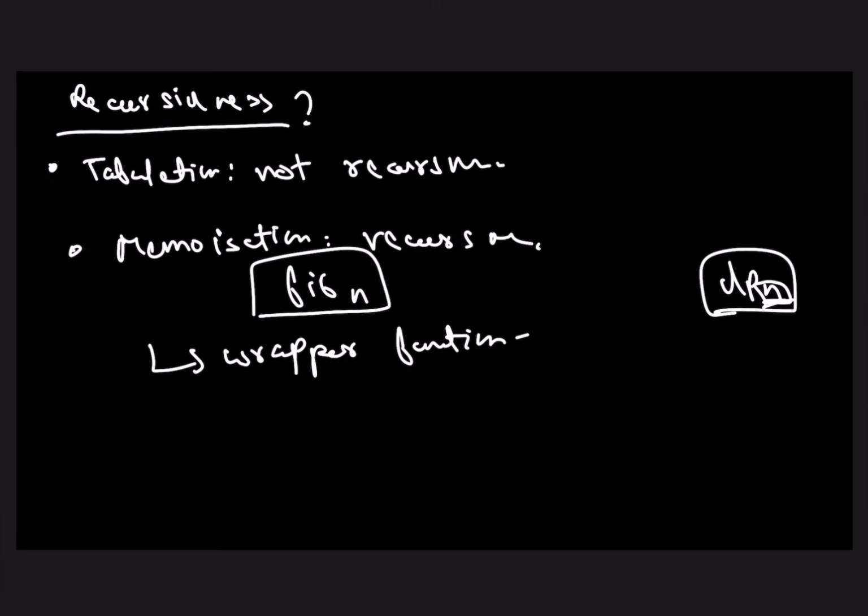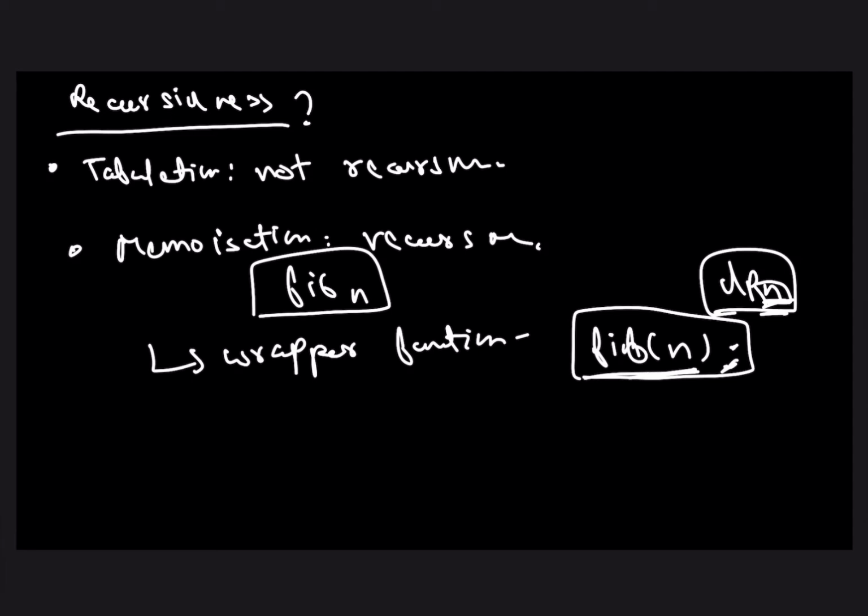Let's call the function int Fibonacci, and it takes an input value n, that is the state that I need the value for. You pass in the value of n, and you get the value of dp of n. This is how a memoization approach actually works.